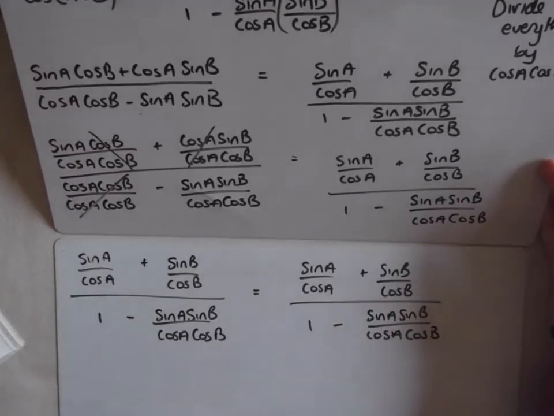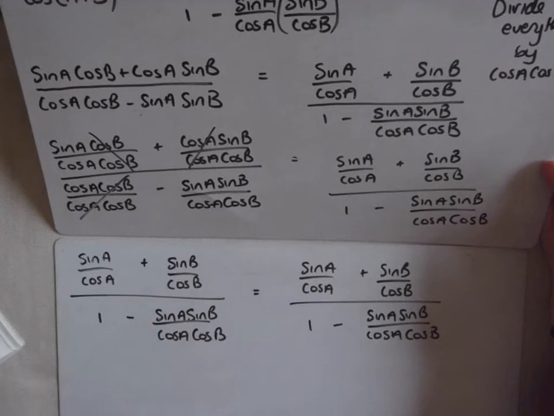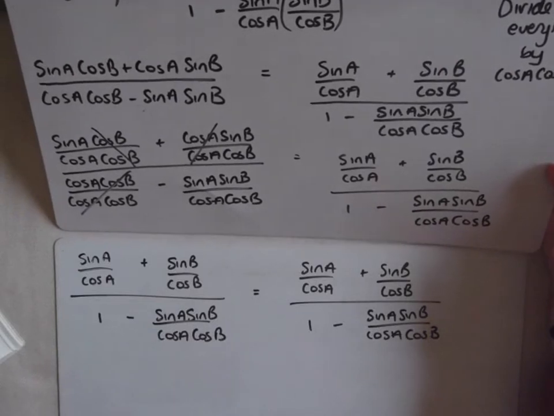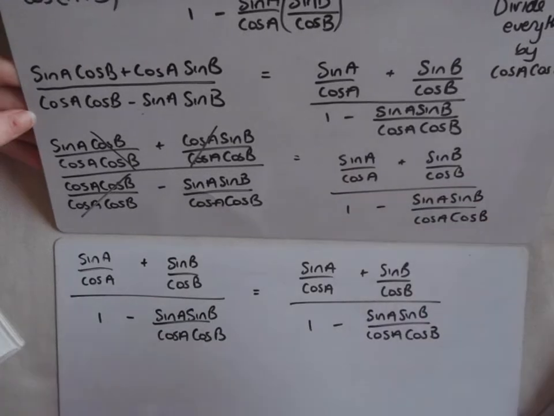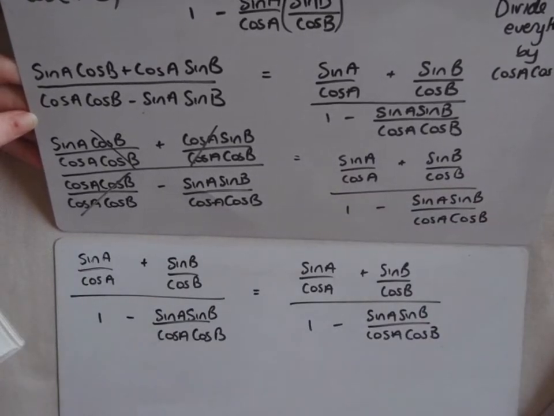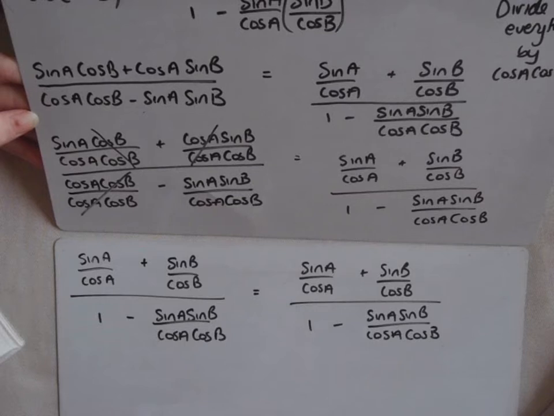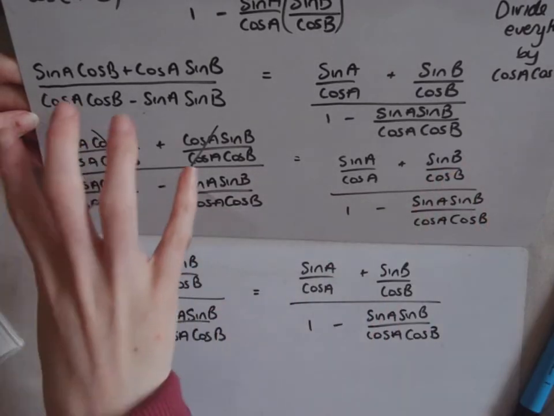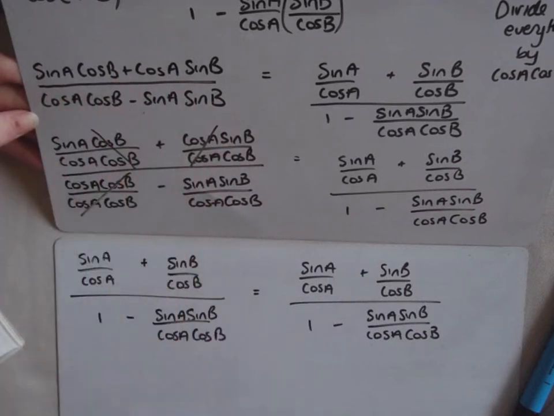How can you divide one side but not the other? Because I'm actually proving something. So this isn't an equation where I'm moving from left to right, okay? It's actually two separate expressions. So I'm dealing with one, this is one thing all on the left, and this is one thing all on the right, okay?